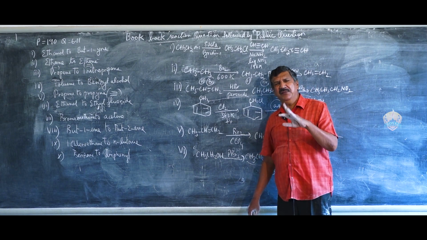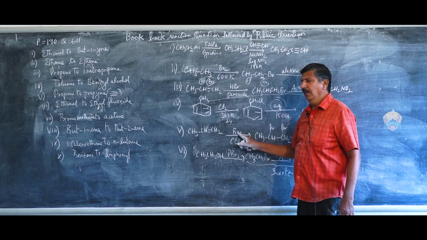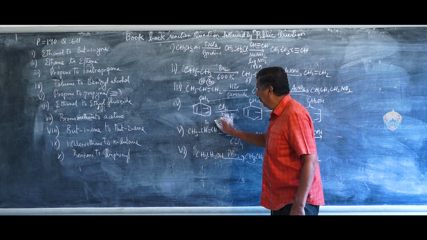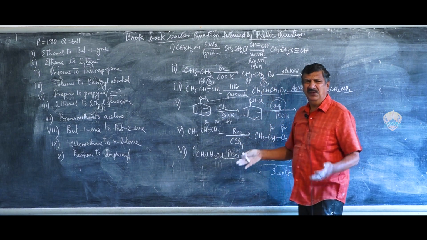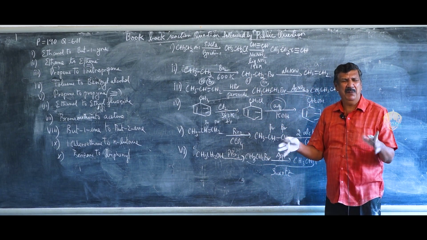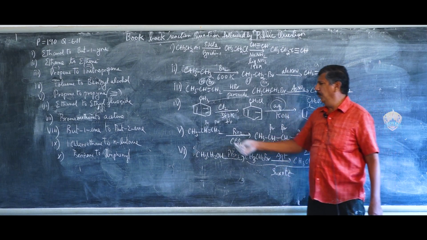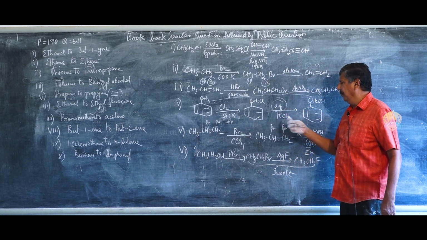So what I am doing is treating with bromine. One bromine will add here, and one bromine will add here. Because both are symmetrical, there is no Markovnikov rule here. So add two Br like this.